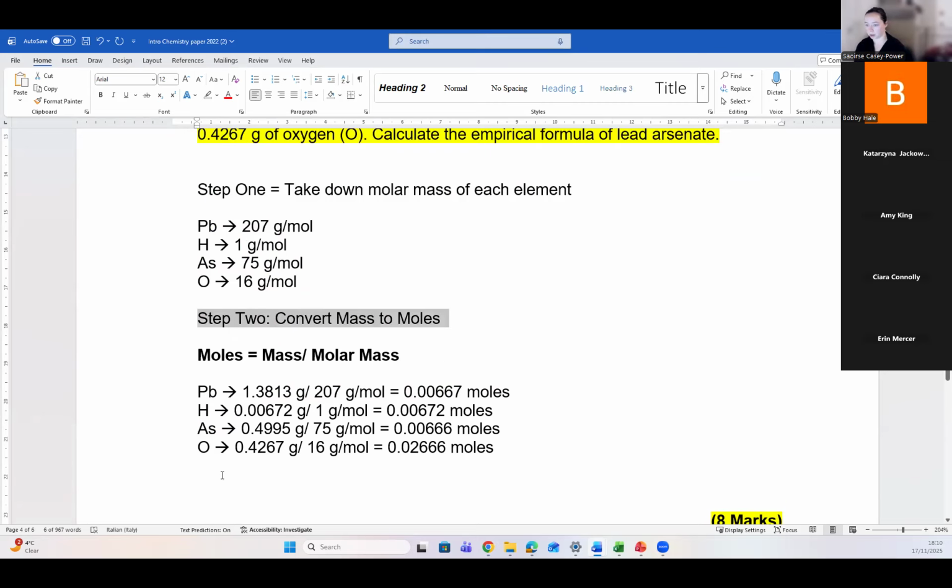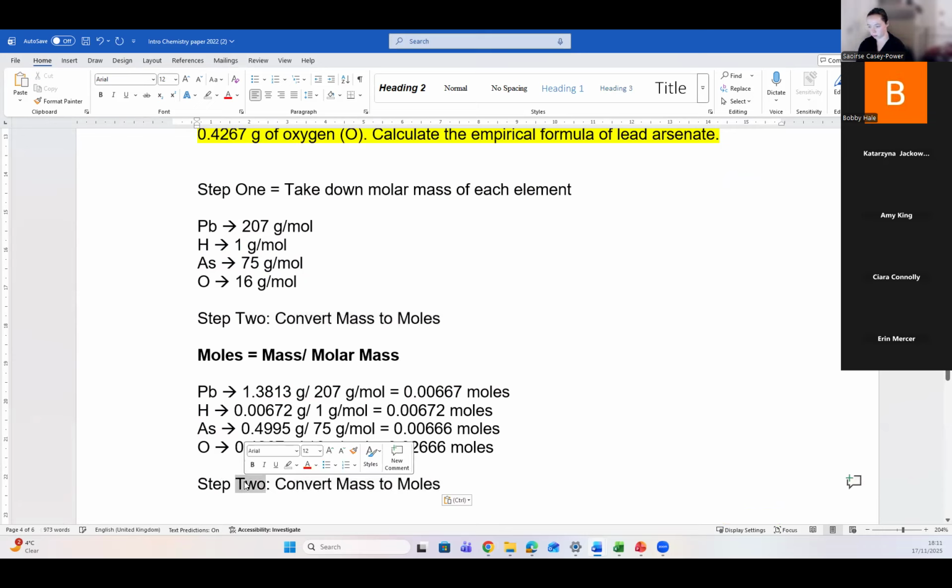Is everyone okay with that, guys? Everyone can see where we're getting those values from, yeah? Yeah, all good? Okay. So now we're going to find the mole ratio between each one.